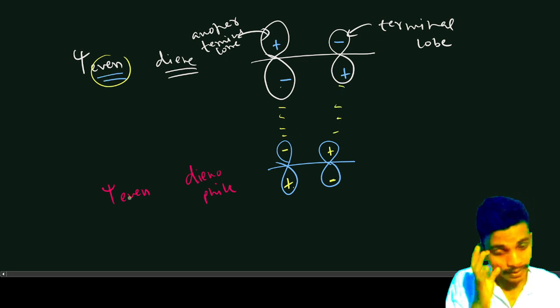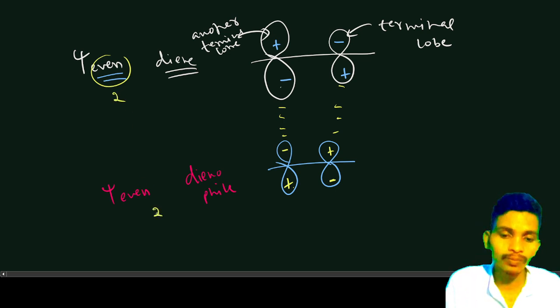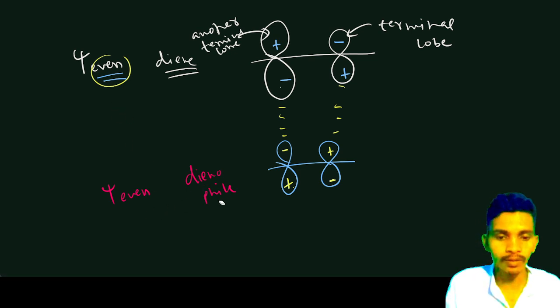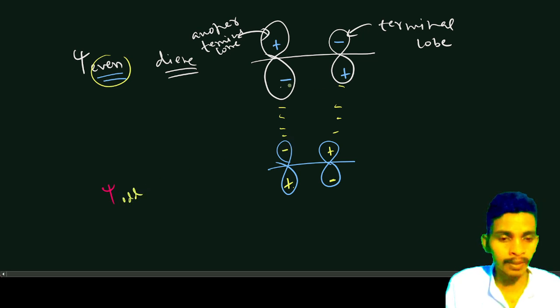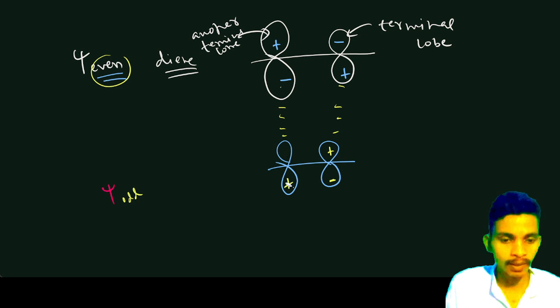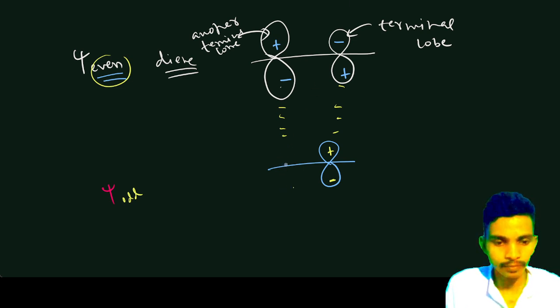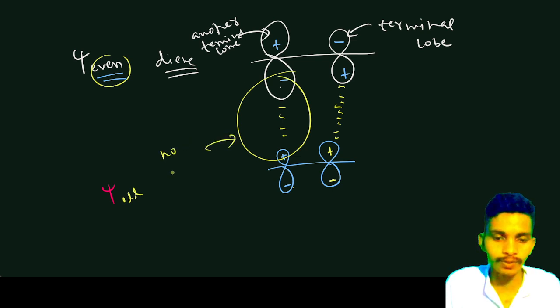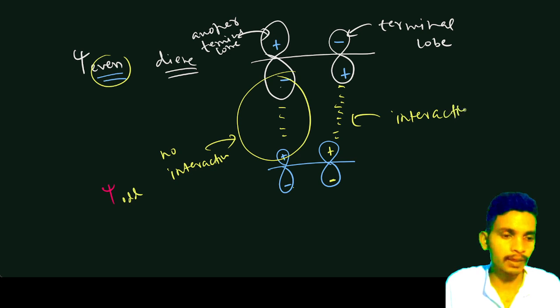So if it is psi even and this is also psi even, and let's say we have psi odd or any value, and if it is negative and this is positive, in this case although the interaction is possible here, it does not happen here. So here there is no interaction, and only here the interaction happens.